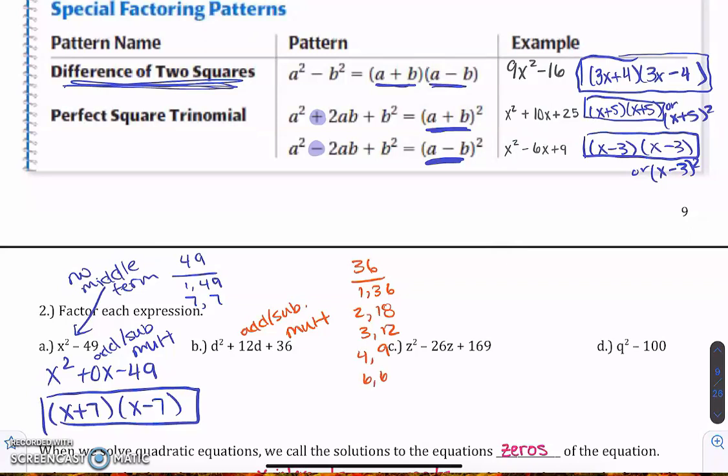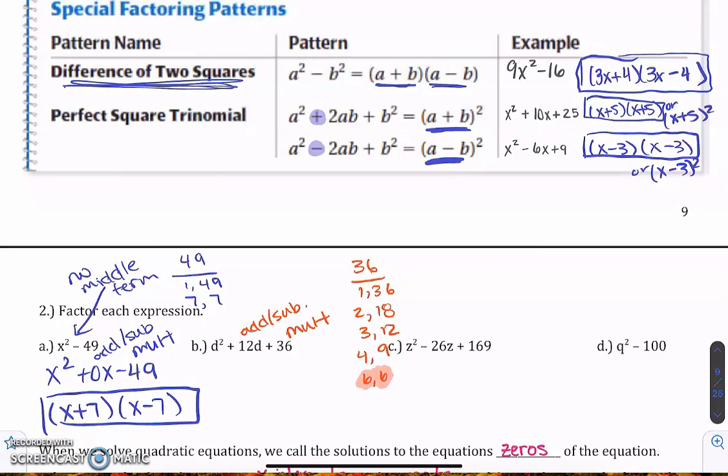So what multiplies to get you 36 but also adds to get you 12? Can't use 1 and 36, 18 and 2 aren't going to do it. 3 and 12, no. 4 and 9 adds to get you 13, not 12. So 6 and 6 is what you guys want.